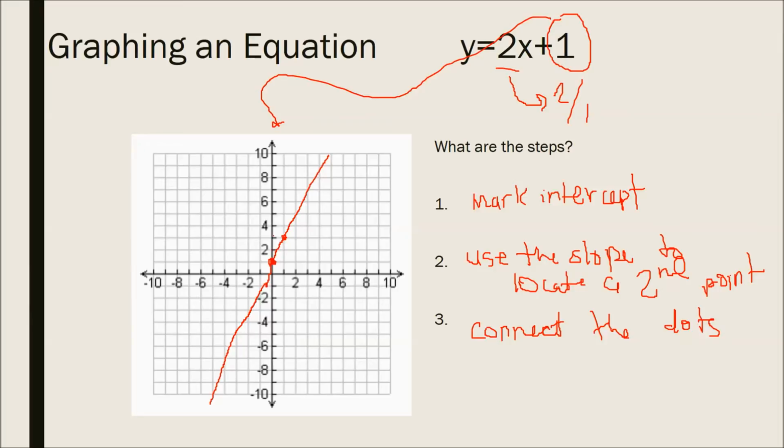We marked the intercept, which was +1, that's the y-intercept. We used the slope to locate a second point. The slope was 2, and we made it into 2/1. We need it in fraction form. That means we went up 2, to the right 1, and then we connect the dots and get this equation.